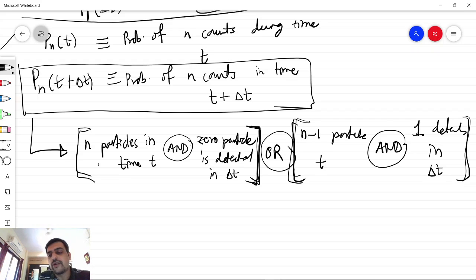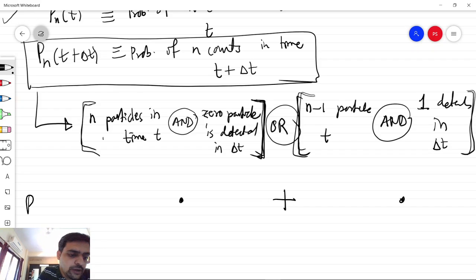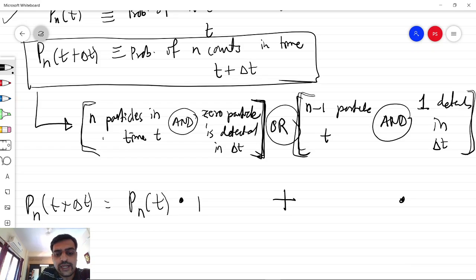And we know from the logic or probability theories that AND indicates dot and OR indicates plus sign. So let us just introduce the symbols. P of n, t plus delta t is then equal to n particles in time t, which is nothing but P of n t, times 0 particles in delta t, which is P of 0 delta t.